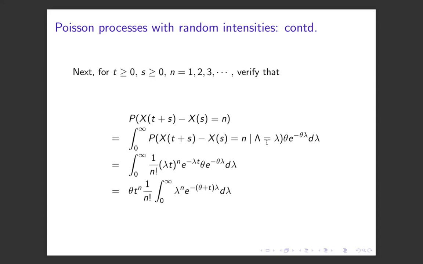If capital Lambda is little lambda, then this conditional distribution is Poisson with parameter lambda t, and such a random variable taking value n has probability 1 divided by n factorial, (lambda t) to the power n, e to the power minus lambda t. That is multiplied with theta times e to the power minus lambda theta d lambda.